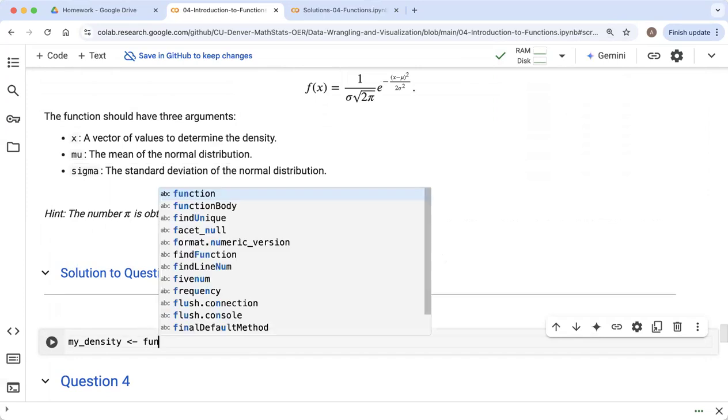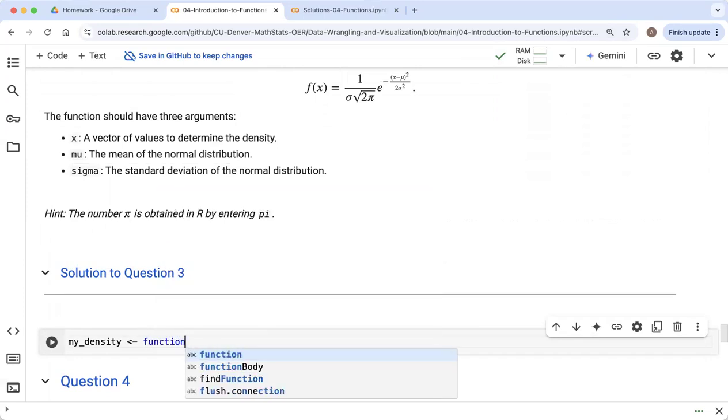So I'm going to begin this with function. Now we're going to have three arguments, right? We're going to have an input, which is going to be a vector x. We're going to have a parameter mu, which is going to be the mean of our normal distribution. And we're going to also need another argument, sigma, which is going to be the standard deviation of the normal distribution.